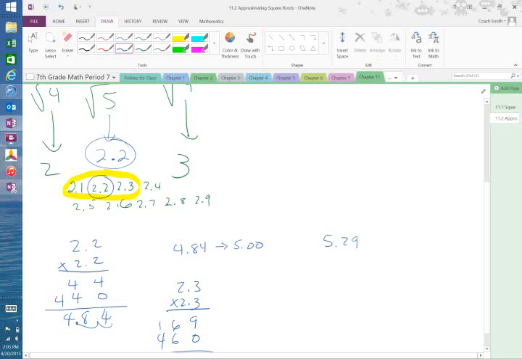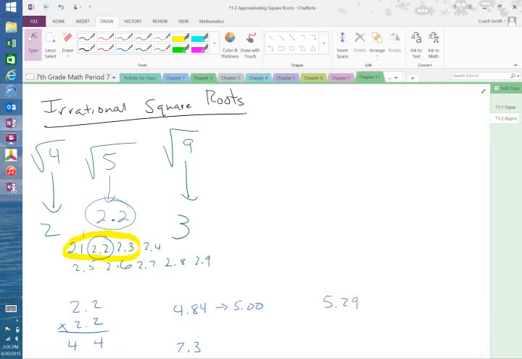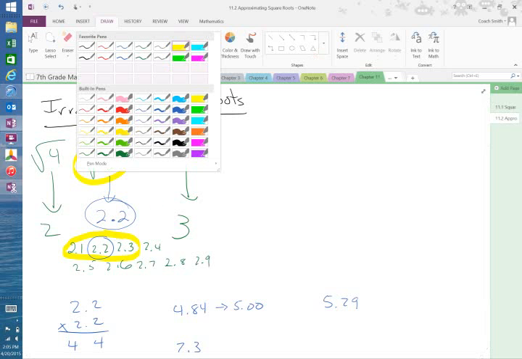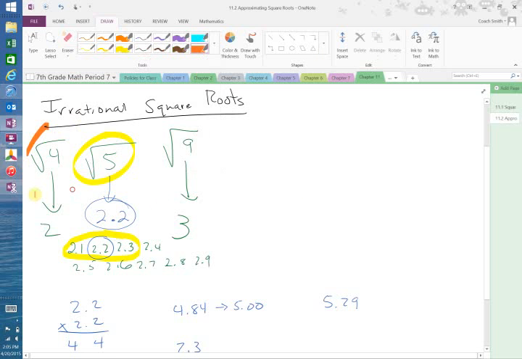I'm confused at what you just said. No, this right here, I was just saying that this number falls in between this and this number. Those are perfect squares.